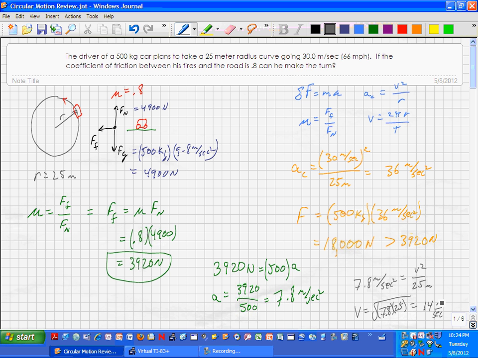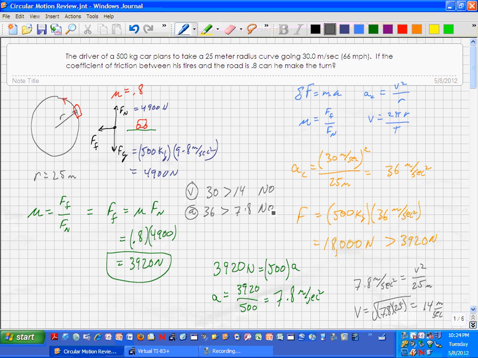So there's three different comparisons we can make. We can say that 30 is greater than 14. So can he make the turn? No. We can say that 36 meters per second squared, this is based on the acceleration, is greater than 7.8.